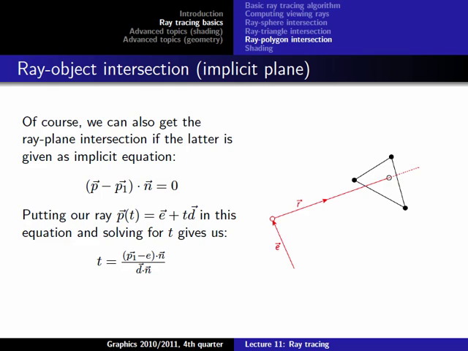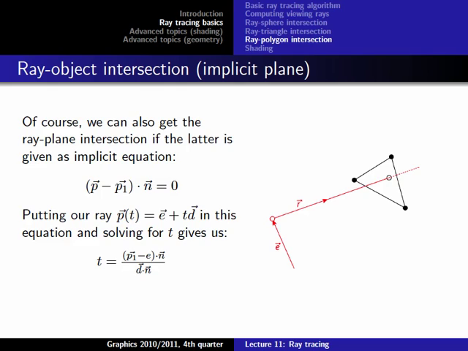Good. Of course, we can also calculate the intersection of a ray with an implicit plane. We don't have to use the parametric equation, but the parametric equation is often used because we have this easy condition of checking if a point is within the triangle, because the parametric equation leads directly to the representation of the triangles in these barycentric coordinates, which gives us this condition.